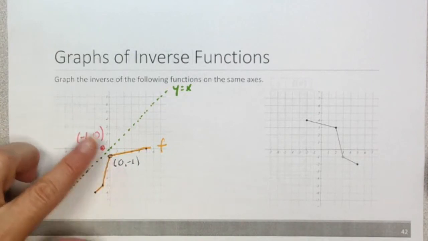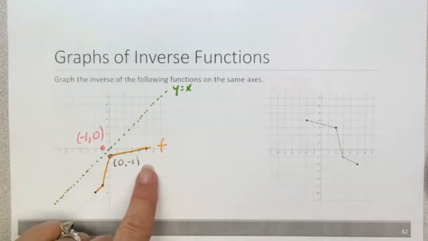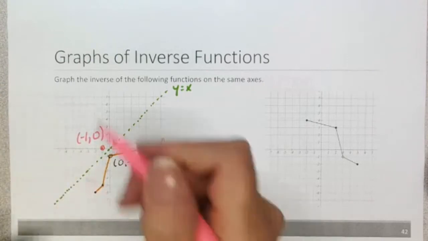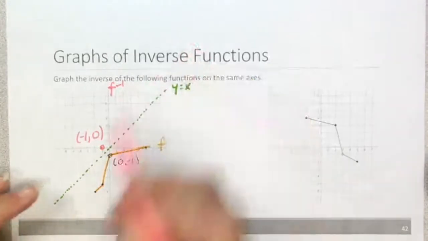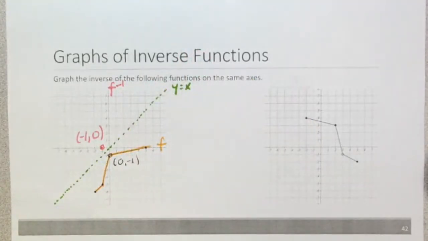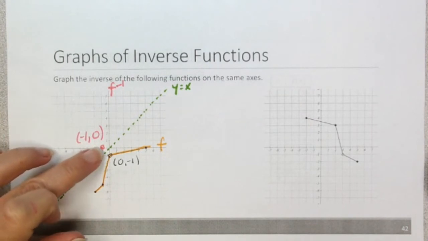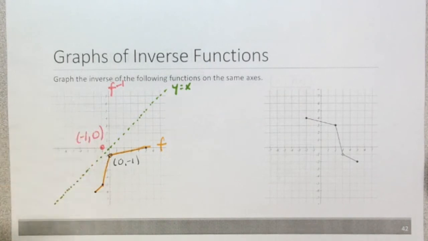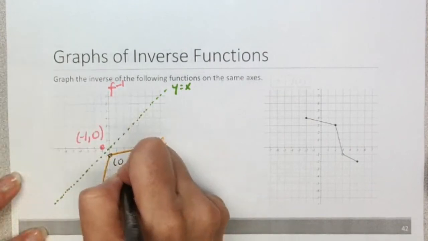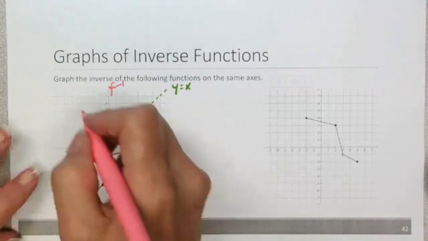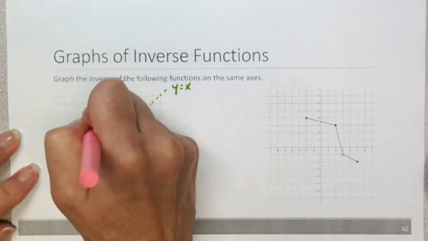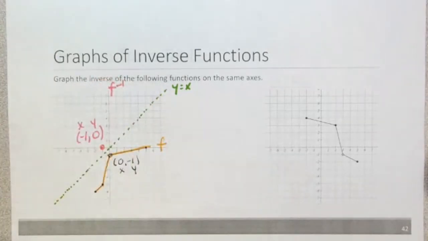So the graph that's symmetric to f, the f -1 graph, we're going to put him over here in pink, that f -1 graph, the inverse of f, is going to have points on it that have the x's and y's switched. Look, here we had x was 0, y was -1. On the reflected point, we have x is -1 and y is 0.